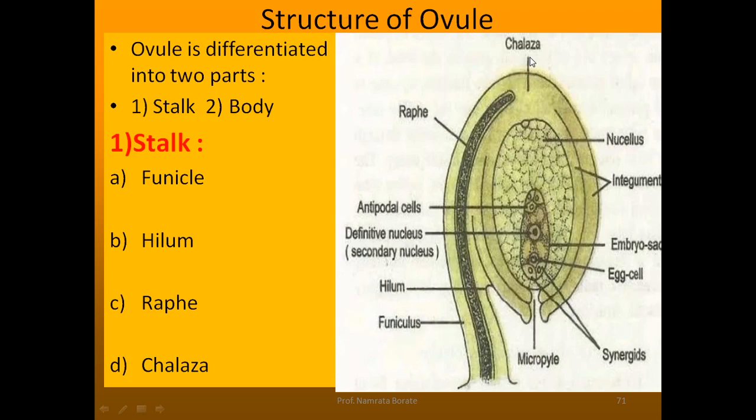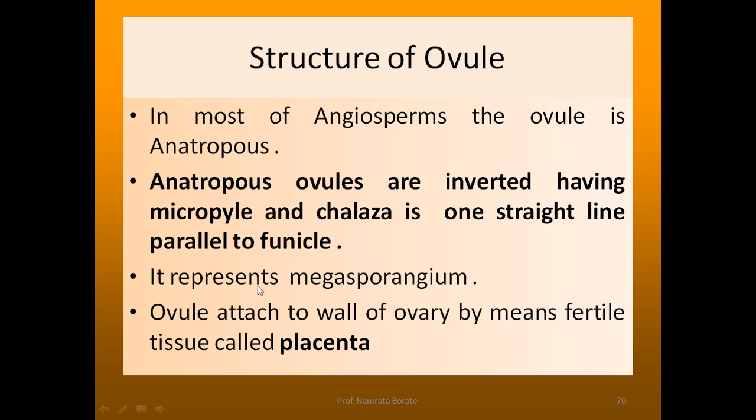So you can see in this image the chalaza and the micropyle are in one straight line, parallel to the funiculus. That form of ovule is called anatropous ovule. This ovule is represented as the megasporangium.